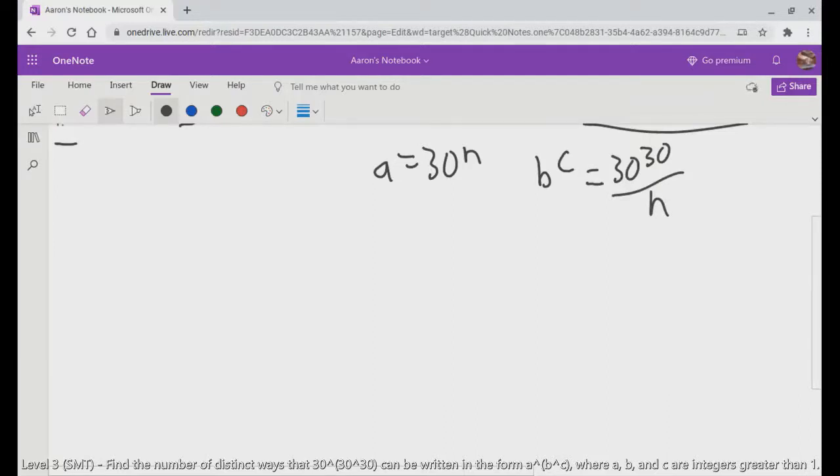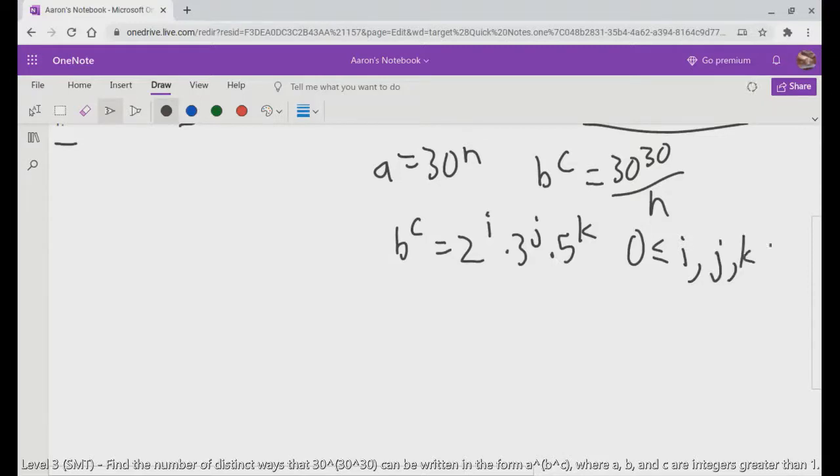That means that b to the power of c can be written in the form 2 to the i times 3 to the power of j times 5 to the power of k for integers i, j, k, such that i, j, and k are between 0 and 30.